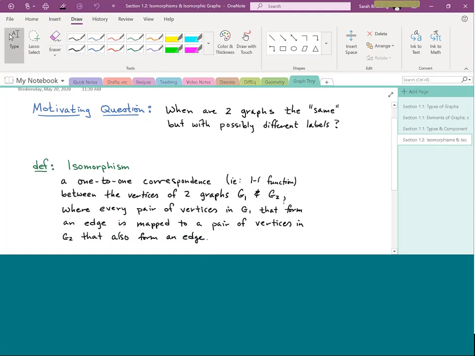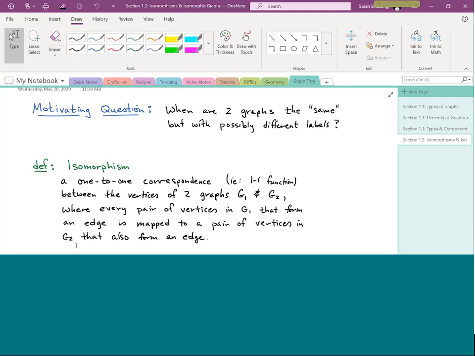Okay? For every pair of vertices in G1 that form an edge, feel free to think of this as picking an edge from G1, when those two vertices are mapped to a pair of vertices in the second graph, they're also going to have an edge in the second graph. In other words, this is a one-to-one correspondence, and here's the buzzwords, that preserves edges, or preserves that relationship of edges.